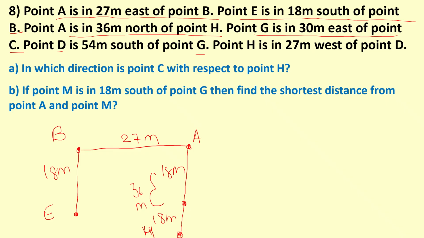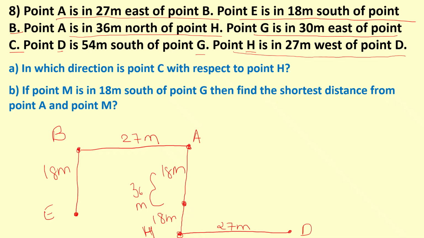So go till H. H, yeah, H is there. So we can draw further. Point H is 27 meter west of point D. So if I place D here, then west of D will be H, okay, and it is 27 meter.